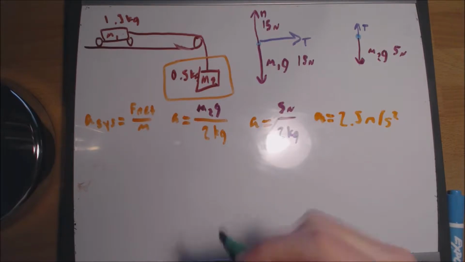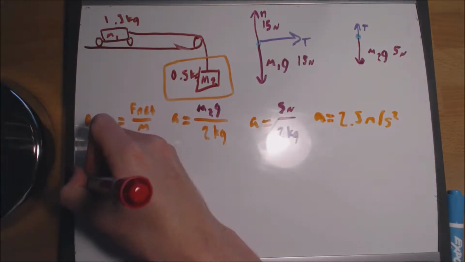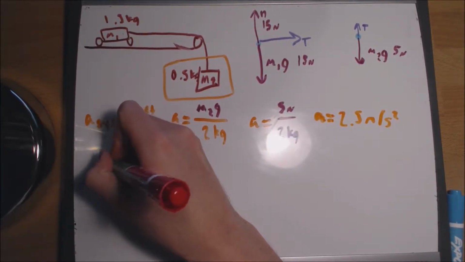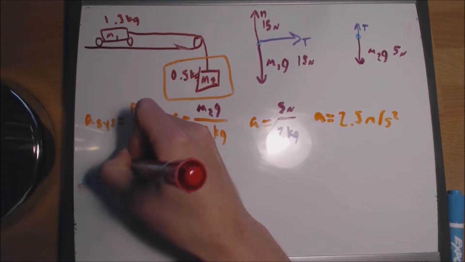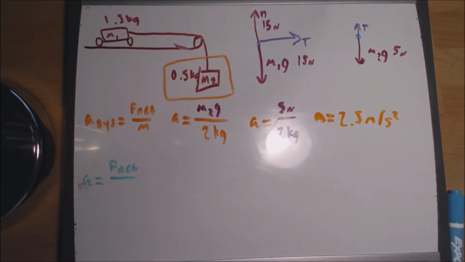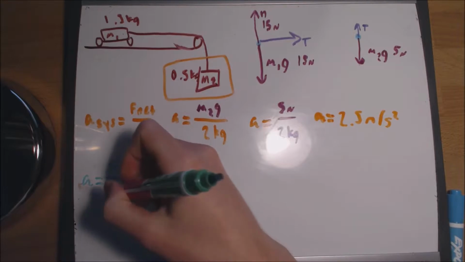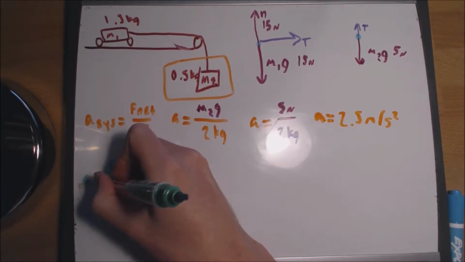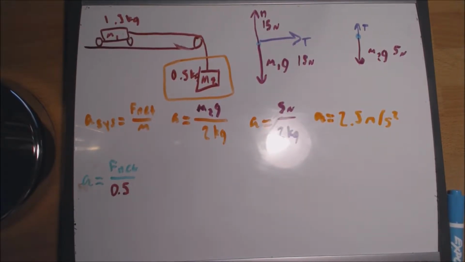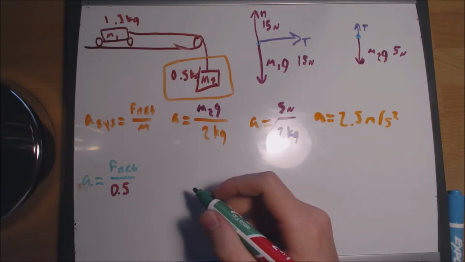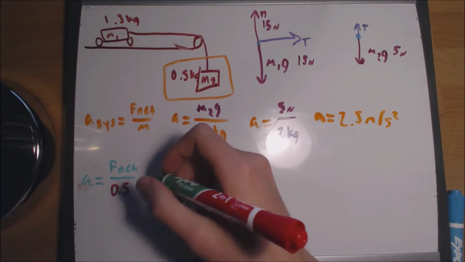The acceleration of that weight will be equal to the net force on that weight over the mass of that weight, which we know is 0.5 kilograms. So we are going to figure out the net force.